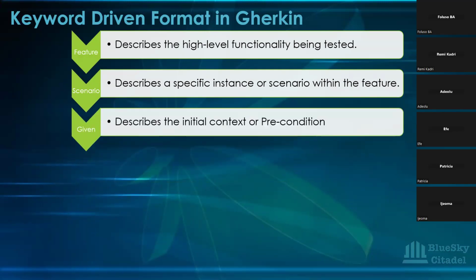Now, given. This is where I need you guys to pay close attention, please. Remember, within your acceptance criteria, this is what you start with. Given. What is the given? The given keyword is used to describe the initial context, or the precondition or setup for the scenario. It sets the initial stage, defining the preconditions for that thing to work. For instance, we have that SharePoint example here, and we're saying as a SharePoint user, I want to click on the logo so that I can view the landing page.